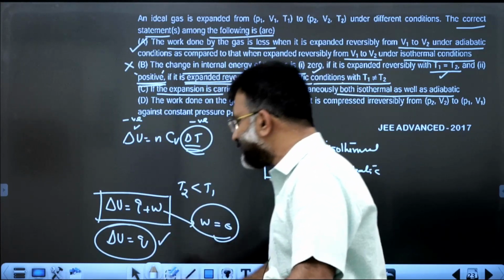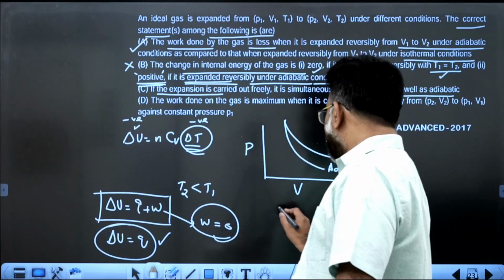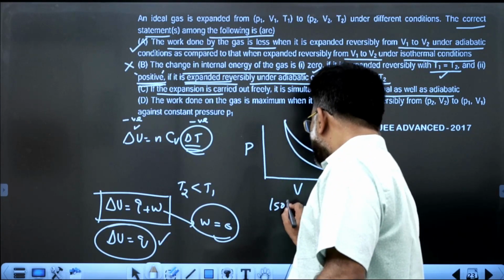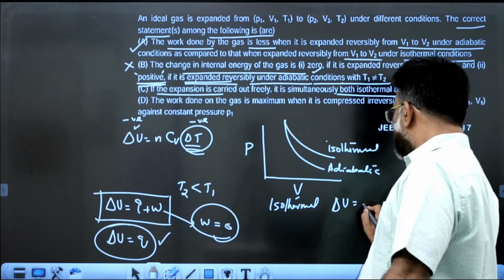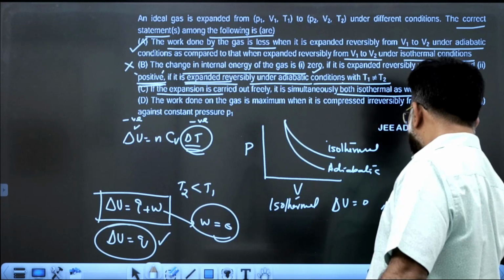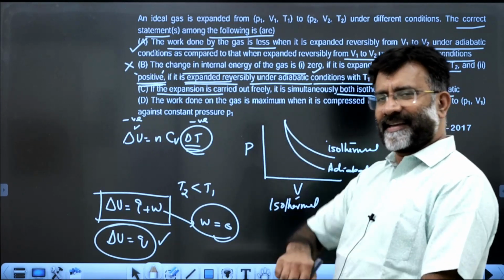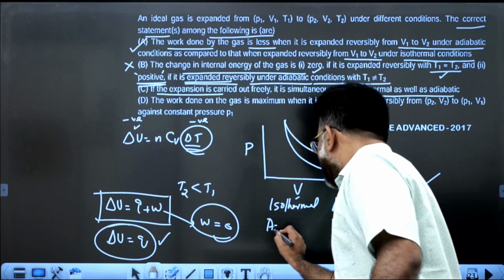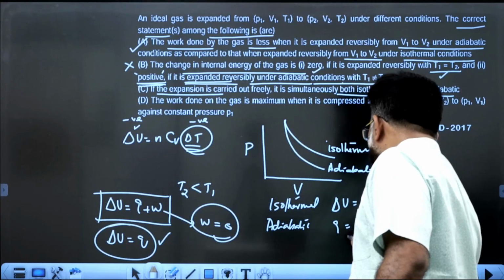Suppose, see, this is the case. Delta U is equal to Q. If it is isothermal, under isothermal condition, delta U will be 0. Quite naturally, Q will be 0. That means it turned adiabatic. Suppose it is adiabatic, Q equal to 0.